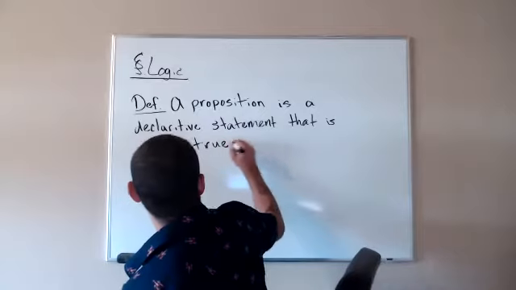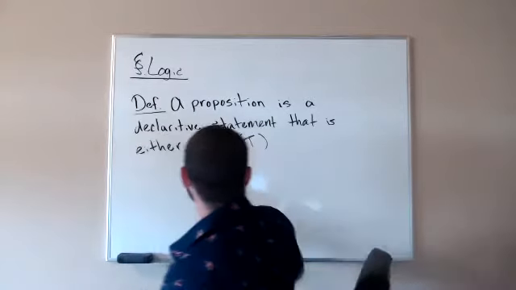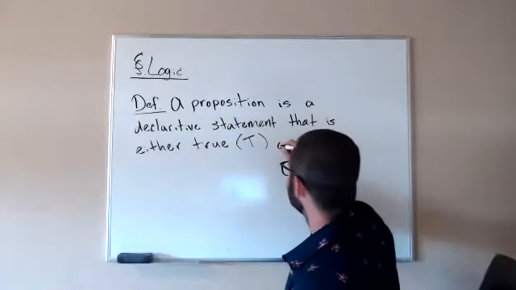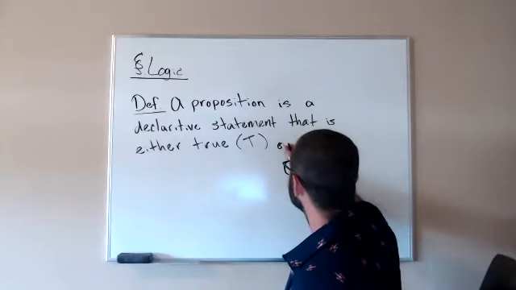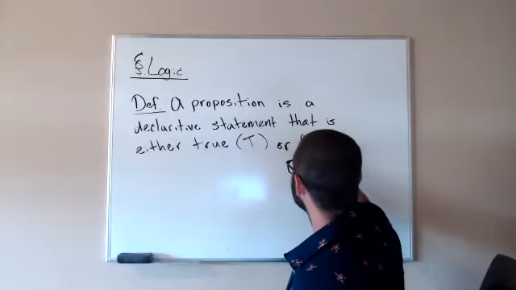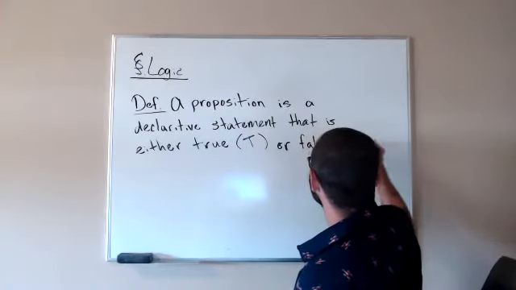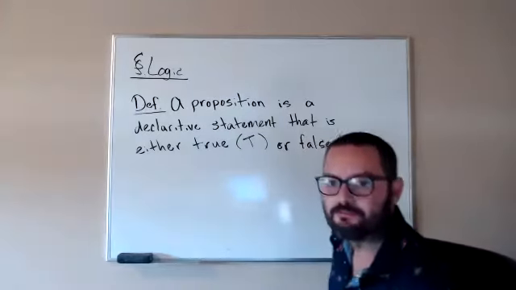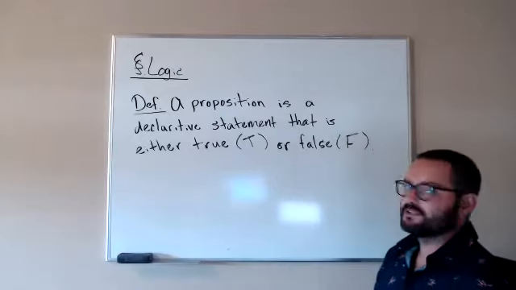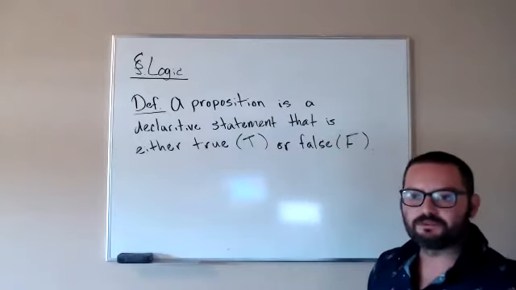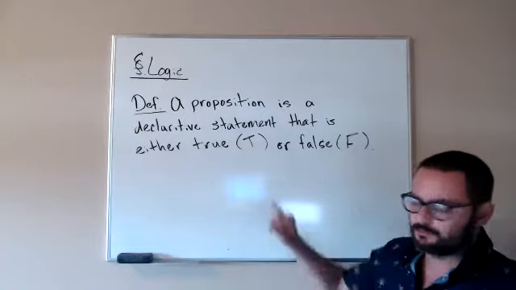Okay. So true, I'm going to denote with a capital T, or false, which I'm going to denote with a capital F. Now, propositions cannot be both true and false at the same time. They are strictly one or the other.